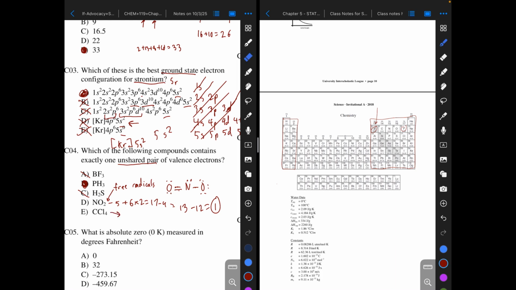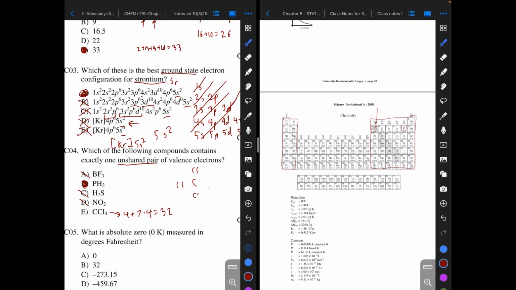Our last one is definitely much easier than this one, so this one should be quick. CCl4 is made up of carbon, which has 4 valence electrons, and chlorine, which has 7, and there's 4 of the chlorines. So that's 32 valence electrons in total.